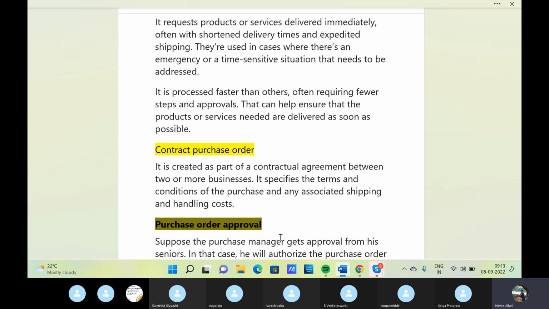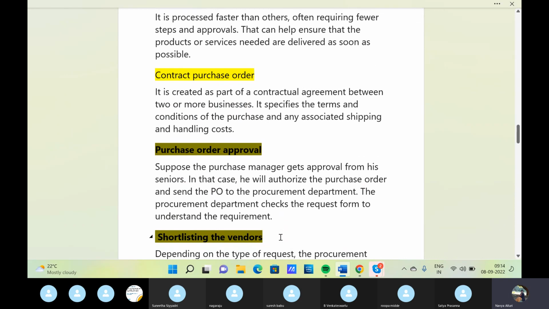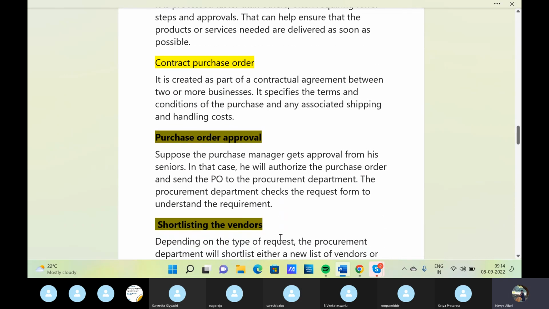At that time they will take the information, the contract, and the information will be complete: what type of material, how many years they are taking the contract, which quantity, the material quality, delivery time, and payment information. All these are included in the contract purchase order. It is mostly used by heavy manufacturing companies. That is the second one. The third one is purchase order approval.